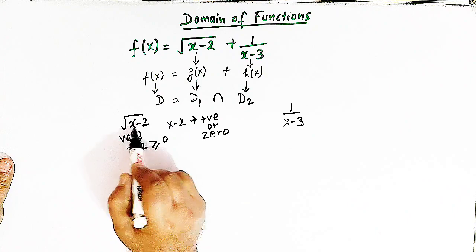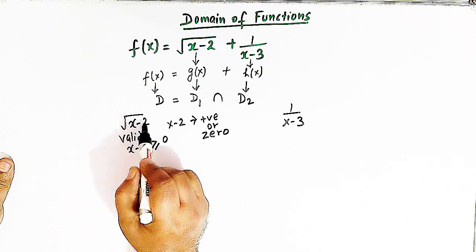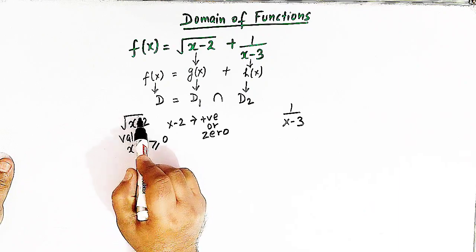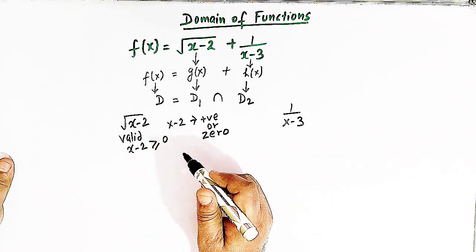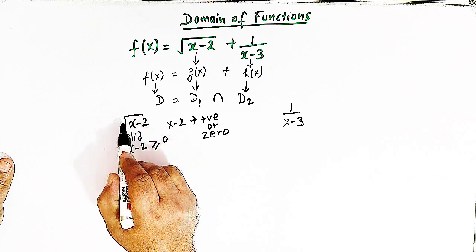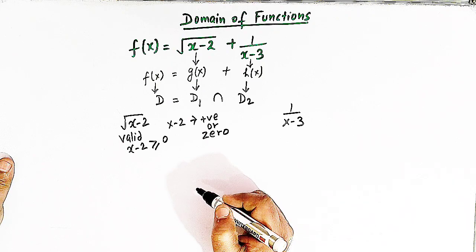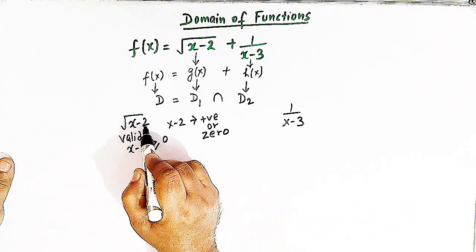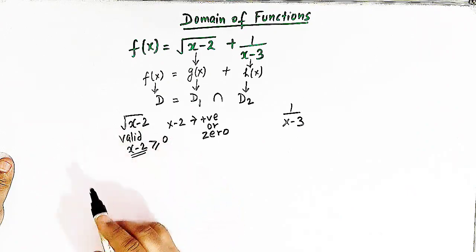Because if x minus 2 is negative, then we get a negative expression inside the square root sign, and the square root of a negative number does not belong to the set of real numbers. So for the validity of square root of x minus 2, x minus 2 should be greater than or equal to 0.